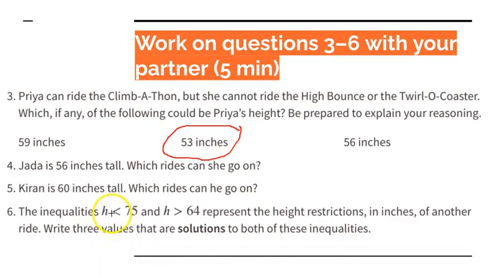Something that was less than 75 but greater than 64, you could do 65. You could do 70, 72. What about 84? It's greater than 64, but it's not less than 75, so that wouldn't work.